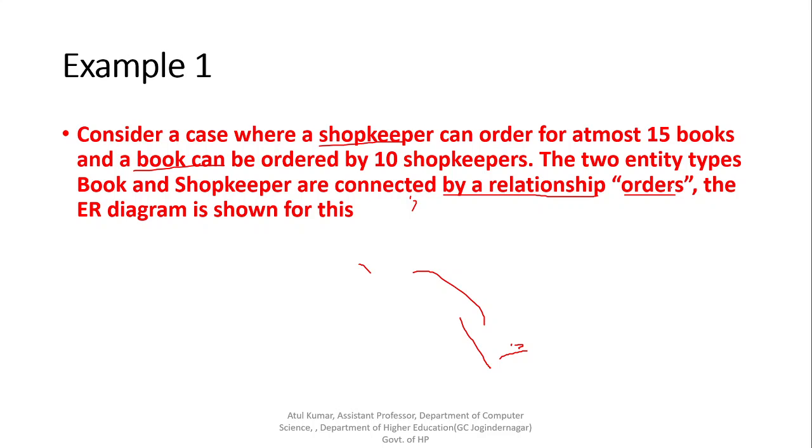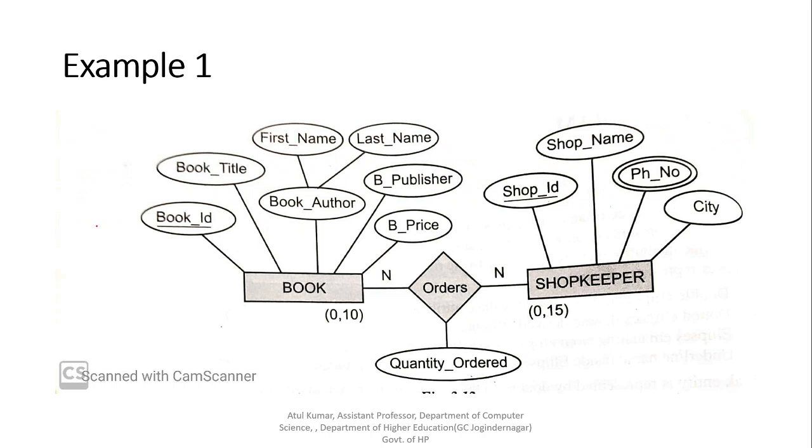To represent this kind of entity relationship model we use an ER diagram. The ER diagram for this is like this: we have book and shopkeeper as entities represented by rectangles, and the name of the entity is written inside the rectangle.